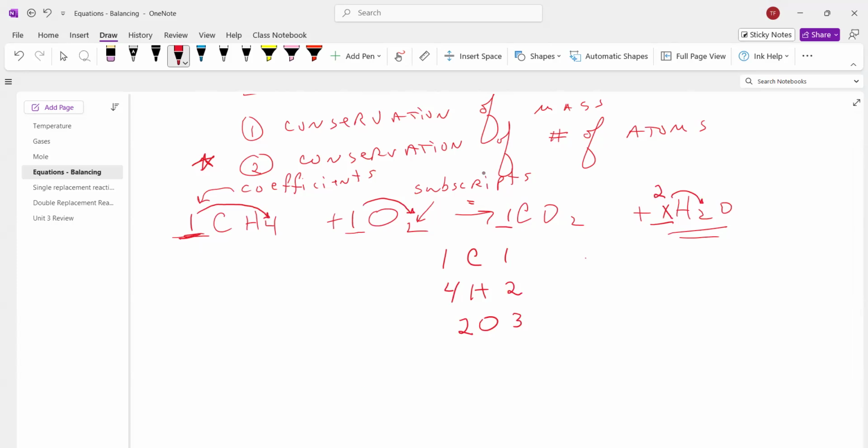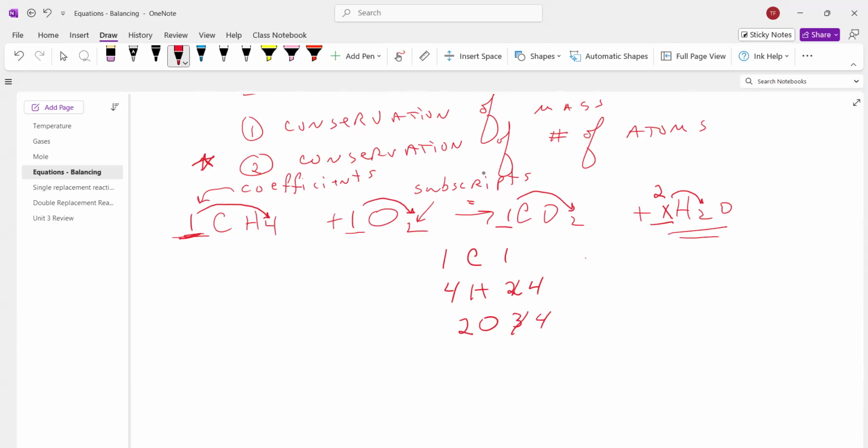So now hydrogens become 4 because 2 times 2. And that brings our oxygens up to 4, because we have 2 over here, 2 over here. That's 4 total. All right. So carbons are good, hydrogens are good, oxygens are not good.